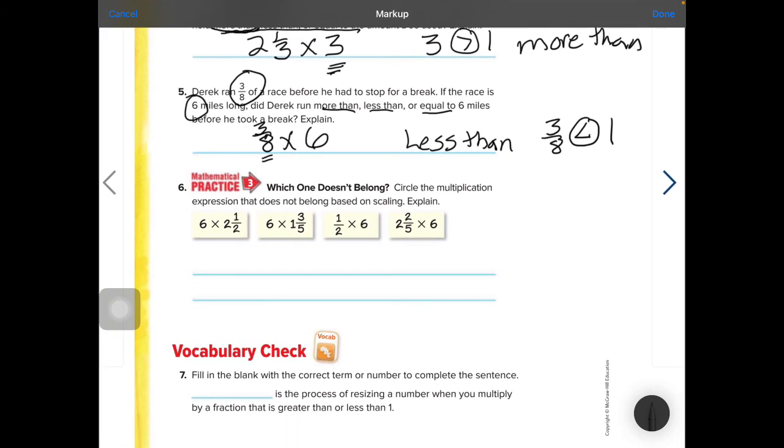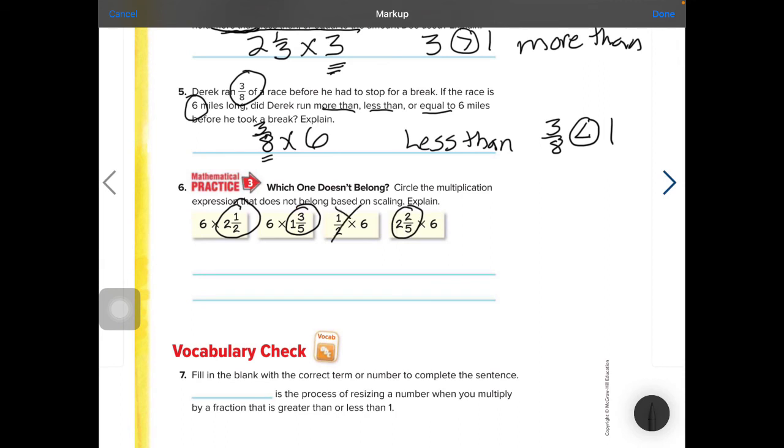Which one doesn't belong? Circle the expression that does not belong based on scaling. Okay, I'm looking at all of these, and I'm trying to find something that is similar. They're all being multiplied by 6 in one way or another. But I'm looking at this one, and this one is greater than, and greater than.